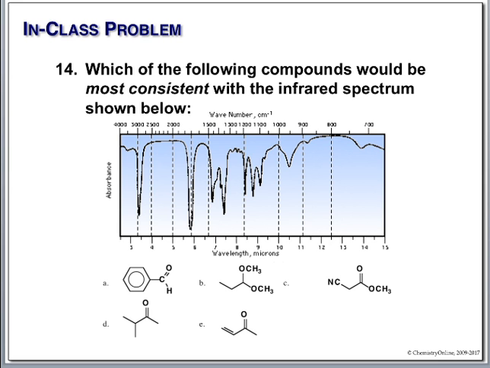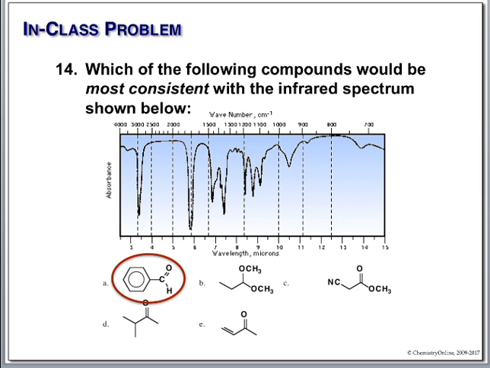All right, let's start off with benzaldehyde. Benzaldehyde, we have a benzene ring. We would expect to see sp squared CH stretch at about 3100. We would expect to see carbon-carbon stretching at about 1600. We would expect to see a nice carbonyl, 1700 or so.